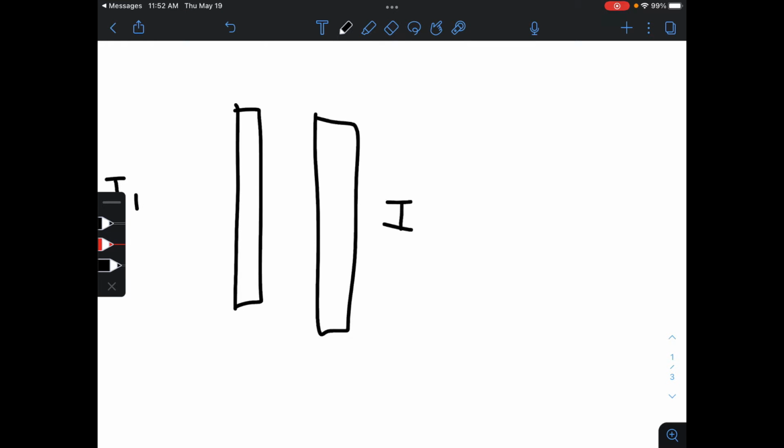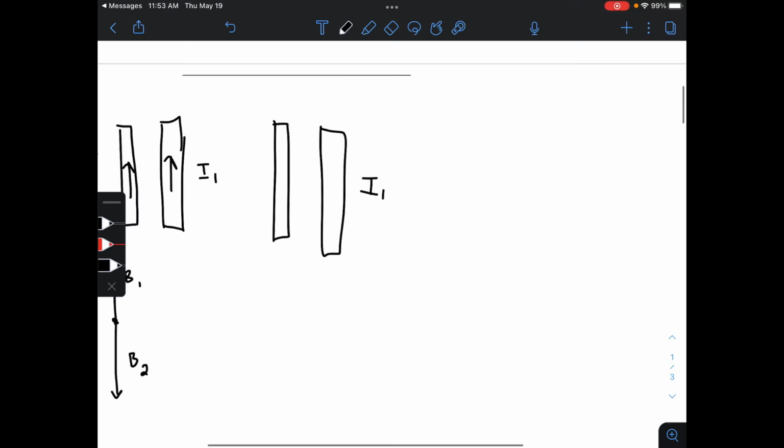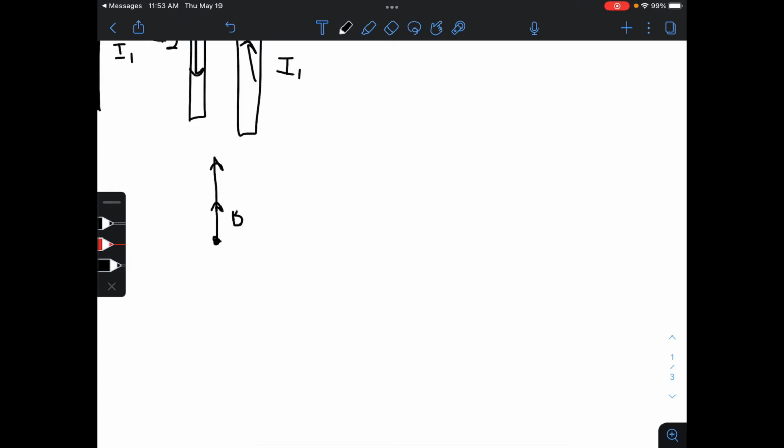This is our known I1 again. But this time I2 could be in the negative direction. Now this diagram will look something like this. Just make sure I draw this right. 1 and 2.